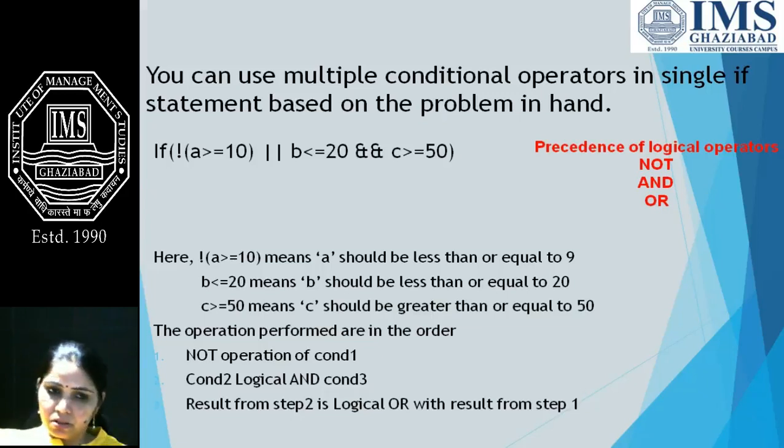So the not operation would be performed, and in the second step, condition 2 and condition 3 would be logical AND. That means condition 2 and condition 3 is performed. Once we have the result from step 1 and step 2, what would happen? The result from step 2 is logical OR with the result from step 1. Let us see how it happens.